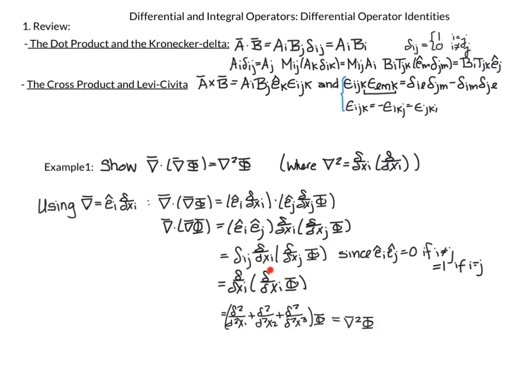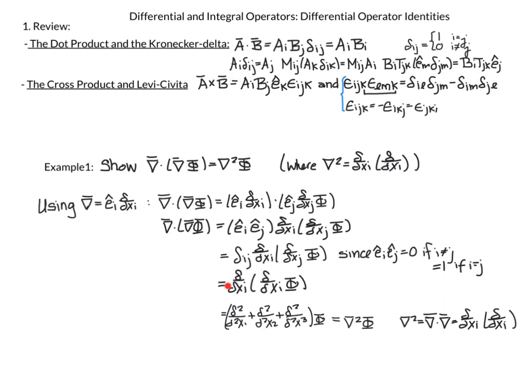So we take the partial derivative of phi with respect to x of i twice. So it's like d2 dx1, d2 dx2, d2 dx3 of phi, which is simply the gradient squared, or the Laplace operator, times phi. And that's exactly what we wanted to prove, that the divergence of the gradient is equal to the Laplace operator on phi. So we take the partial derivative with respect to x sub i, and then again with respect to x sub i.